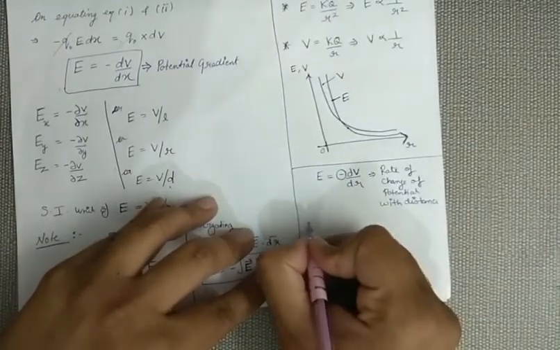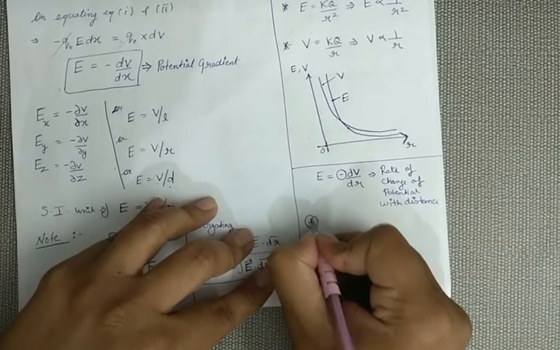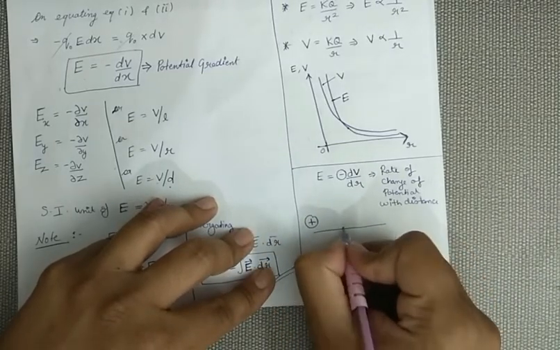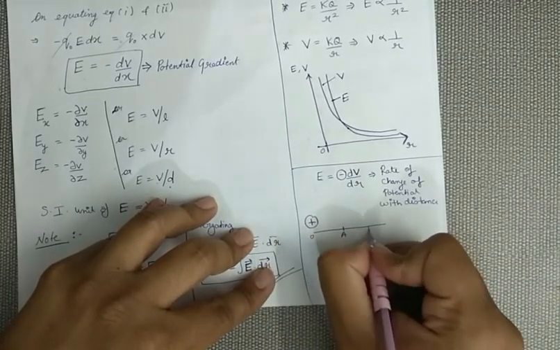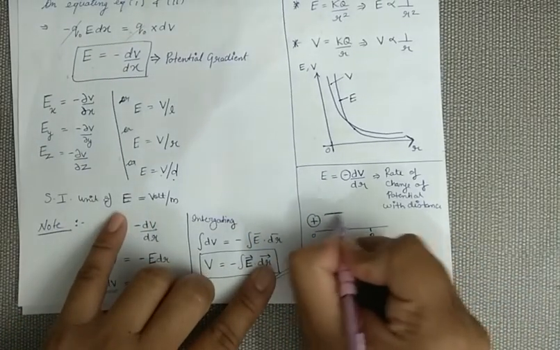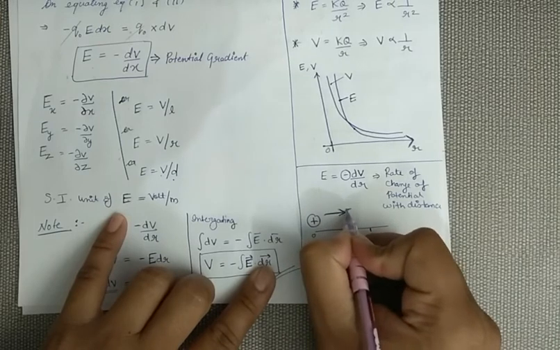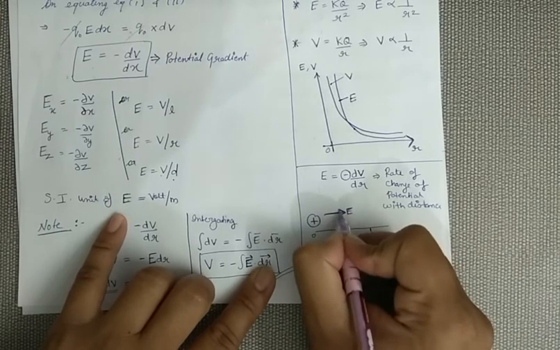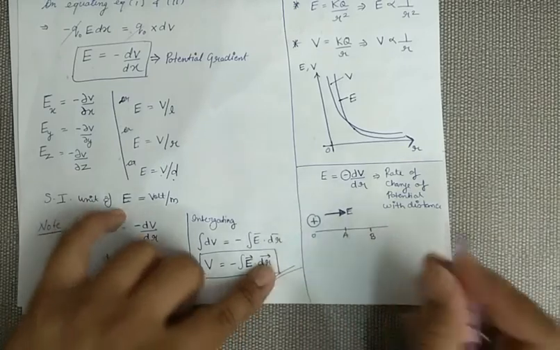Now see, suppose this is the charge and these are two points, point A and point B. As we know, electric field will move in this direction, outward from the positive charge.